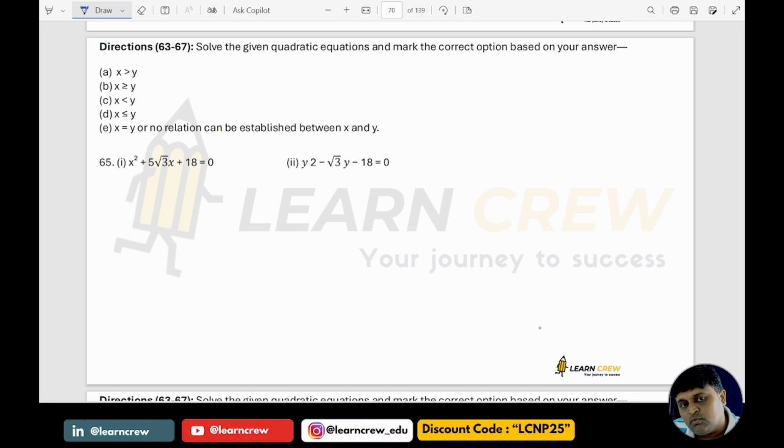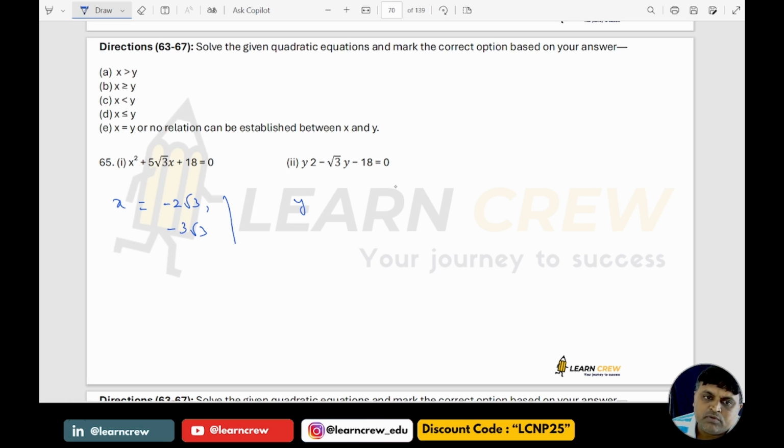Next, x square plus 5 root 3 x. So what can I do? 2 root 3 plus 3 root 3. So I got x as minus 2 root 3 and minus 3 root 3. And what about y? It is 18 only, so the same thing.